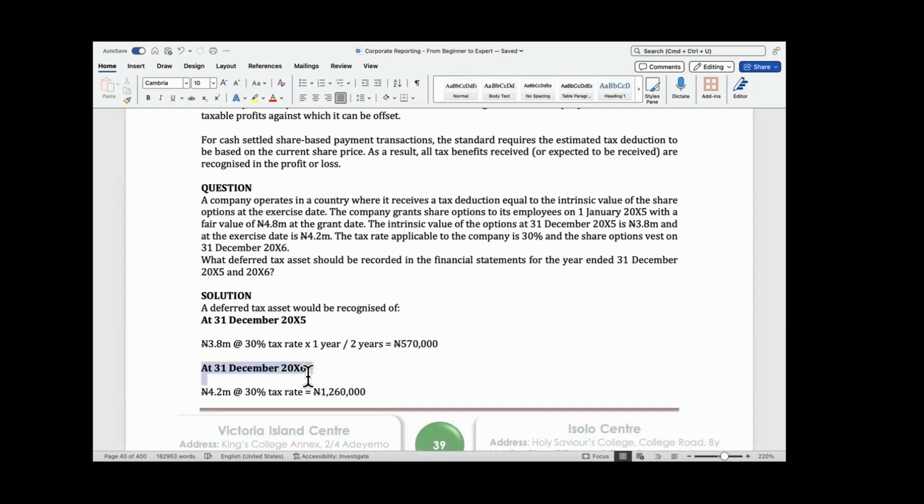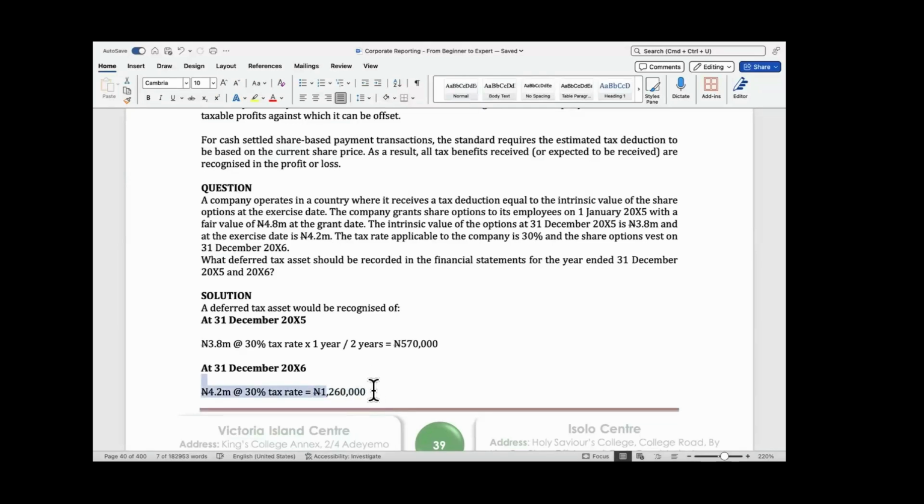At the end of 2006, they have told us that the intrinsic value at the exercise date is 4.2 million. Since the carrying amount is always zero for deferred tax purposes, this 4.2 million becomes the deductible temporary difference. If you multiply that by 30%, it gives us 1,260,000 as our deferred tax asset.